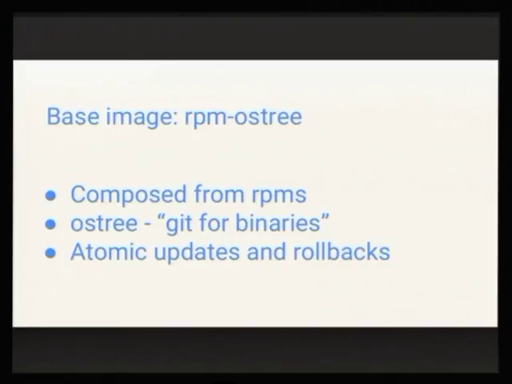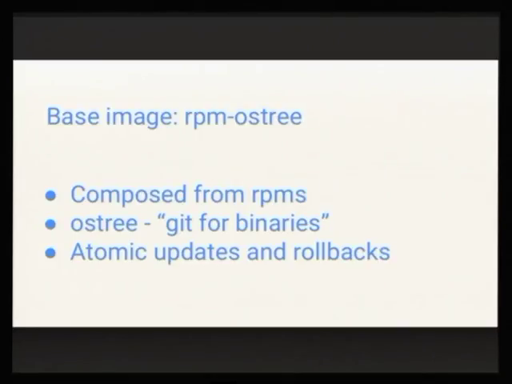OSTree is basically like Git for binaries or for file systems. On the server side, we build an OSTree repository, similar to a Git repository, and we just commit all the RPMs in a base Fedora image into it.